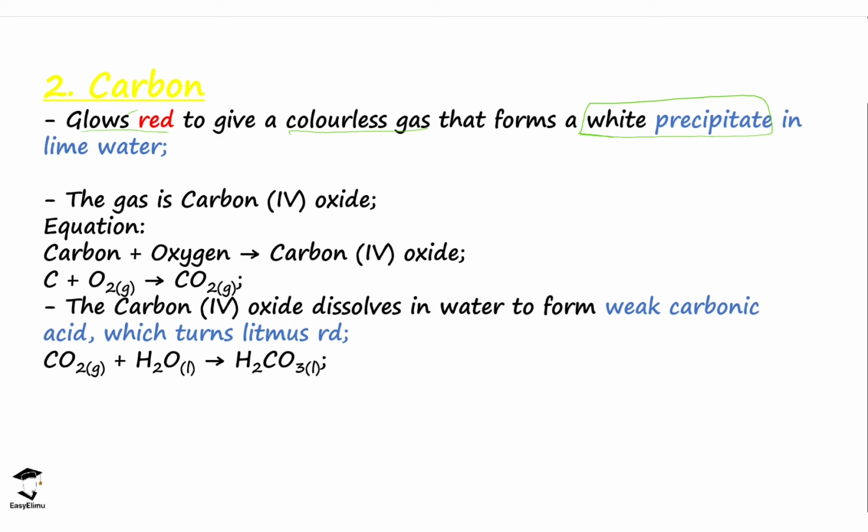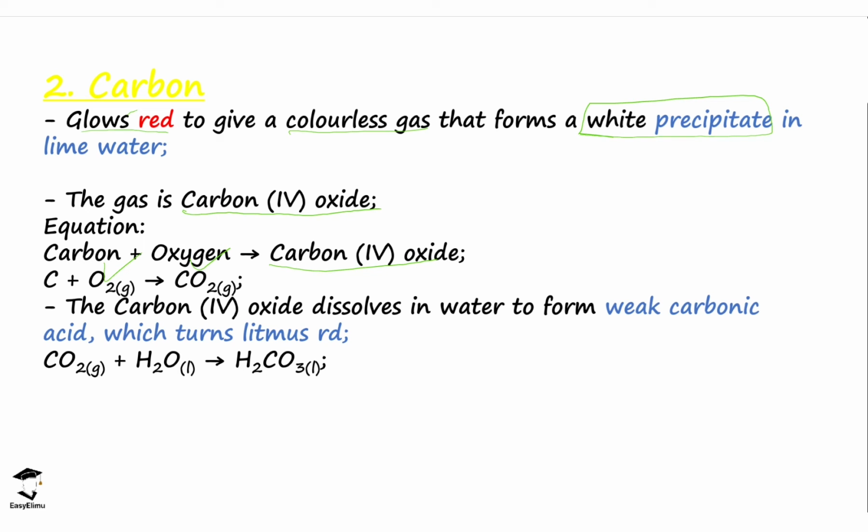And the moment you see lime water turning to a white precipitate, it tells you that carbon dioxide is being produced. So the product of burning carbon in air is actually carbon dioxide gas, and this is the equation: carbon burns in oxygen to form carbon dioxide.